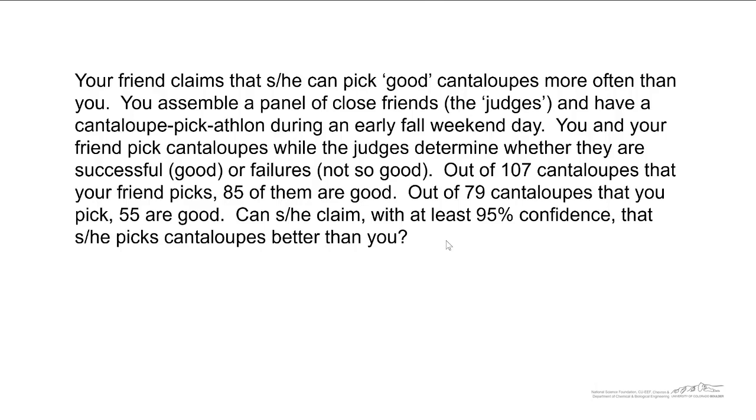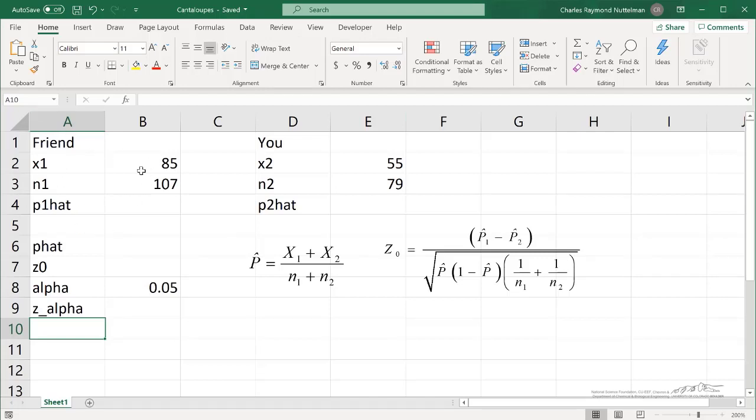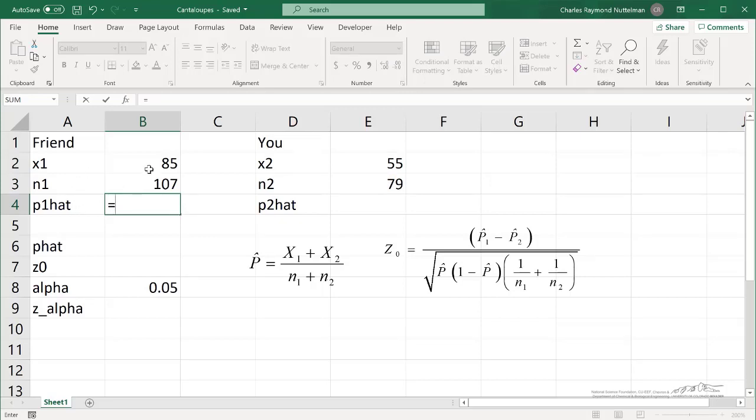So let's go back to our example here, and let's perform this hypothesis test in Excel. We have our friend's data here, 85 successes out of 107 cantaloupes or trials. You have 55 out of 79. We can calculate the estimate for P1 hat, and that's equal to x1 divided by n1.